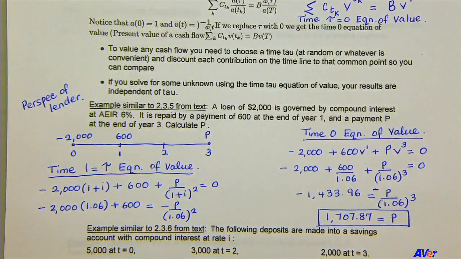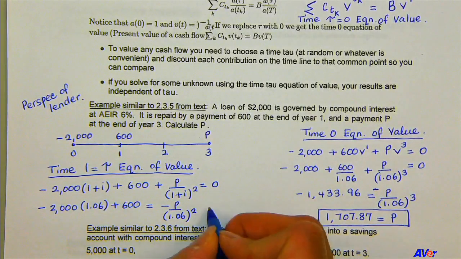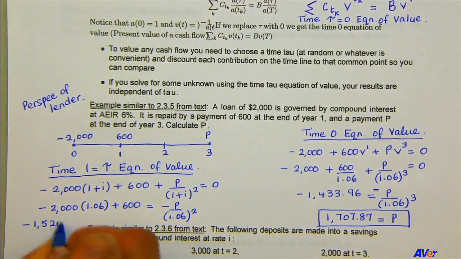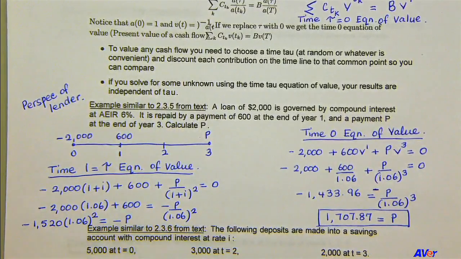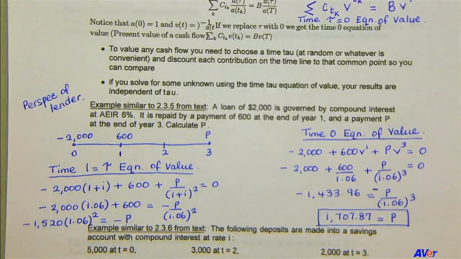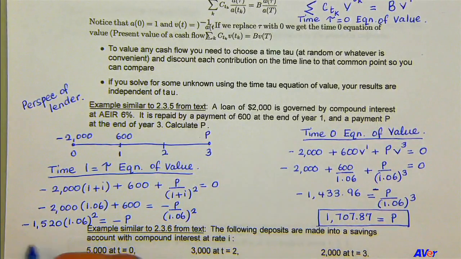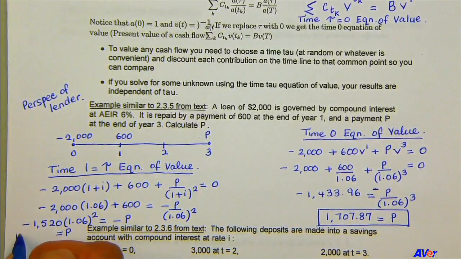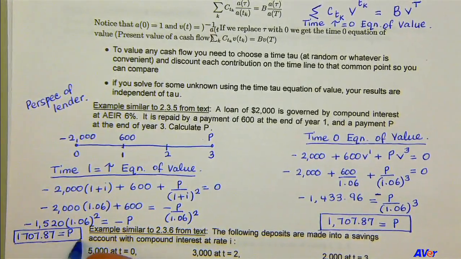So minus 2,000 times 1.06 plus 600, negative 1520, negative 1520 times 1.06 squared equals minus P times 1.06 squared. 1707.87. No difference at all. So your choice of tau is independent of the answer, right?